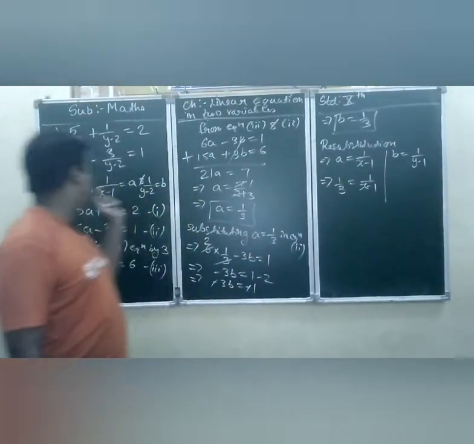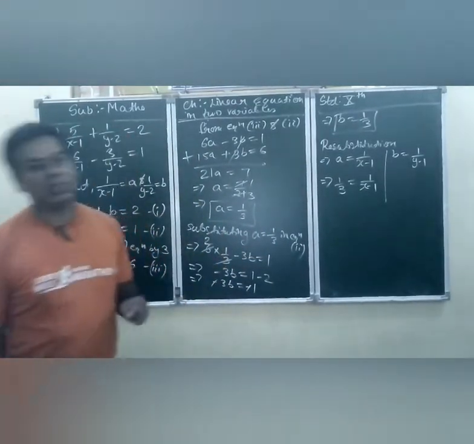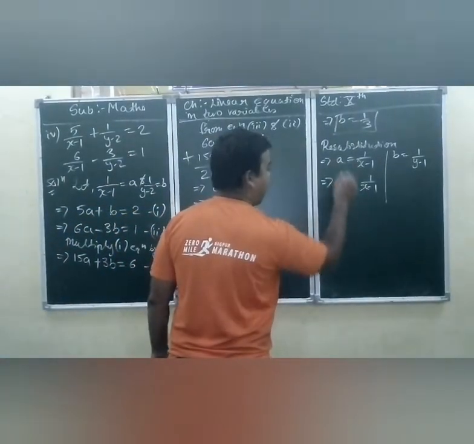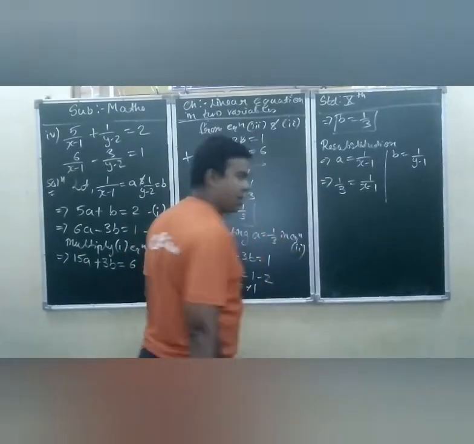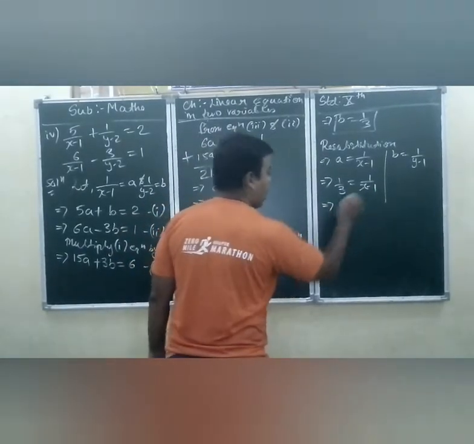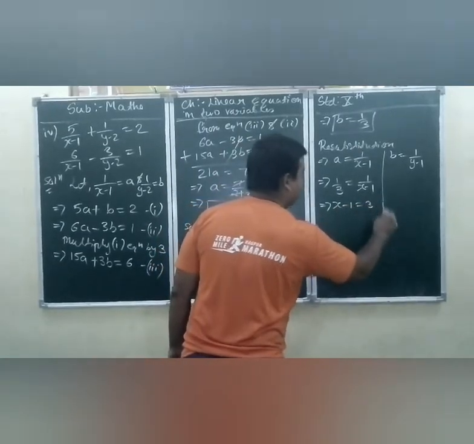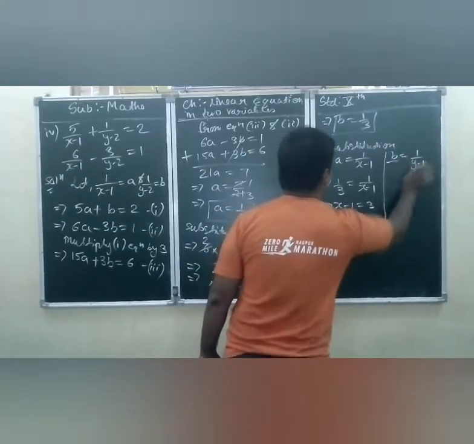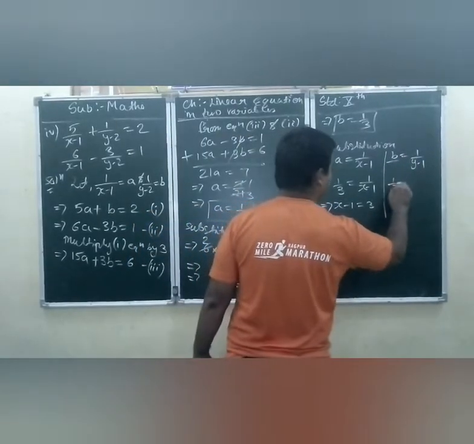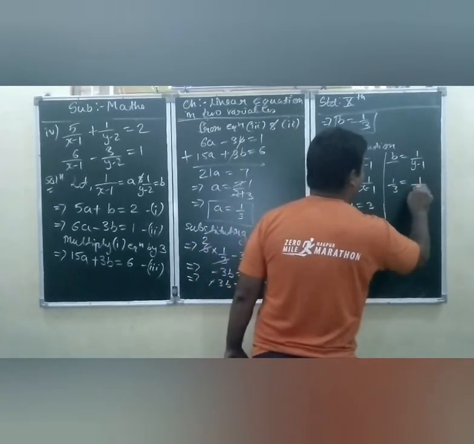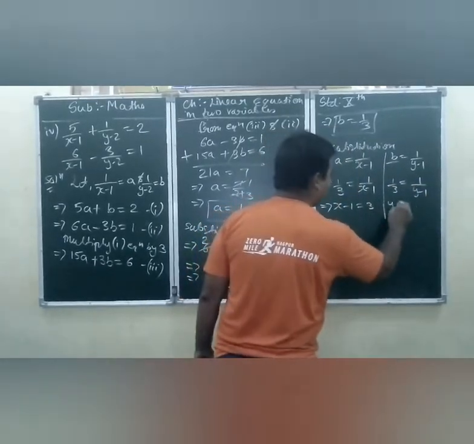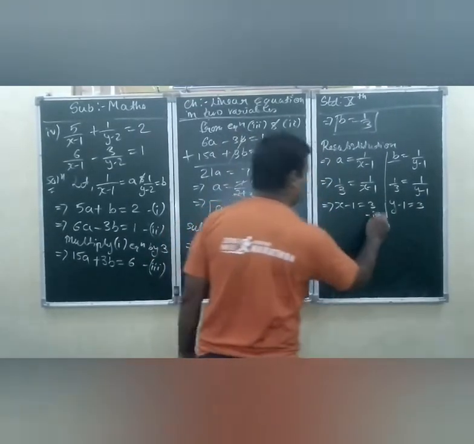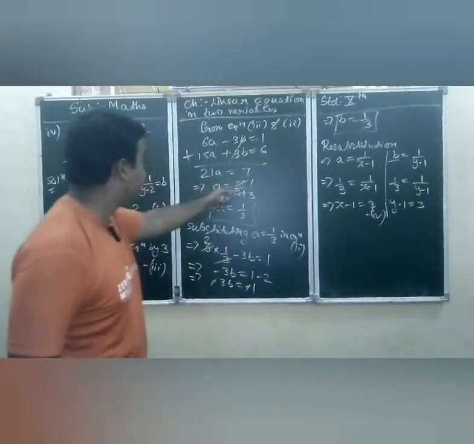Here the question is complex, so we don't get x and y directly. Again we make another equation. So a value 1 by 3 is equal to 1 by (x-1). Cross multiplication, x - 1 = 3. Then again b value 1 by 3 is equal to 1 by (y-2), so cross multiplication, y - 2 = 3.